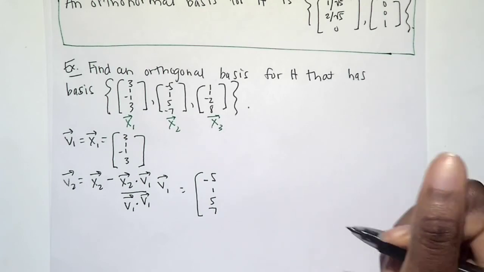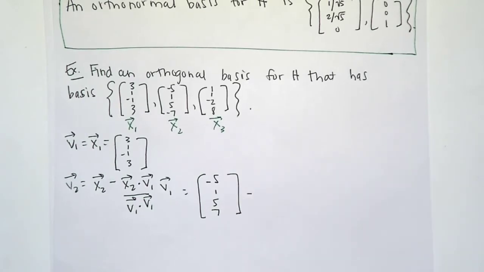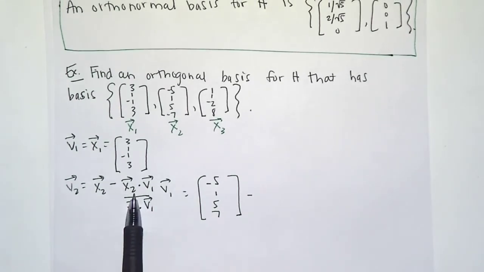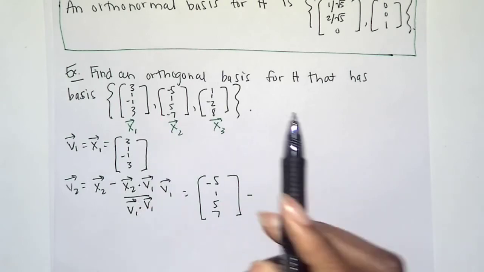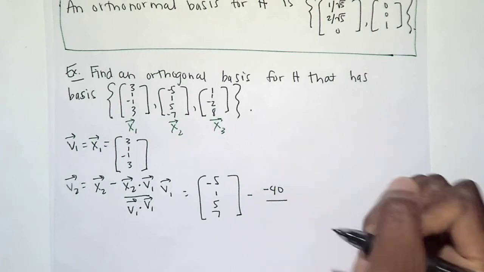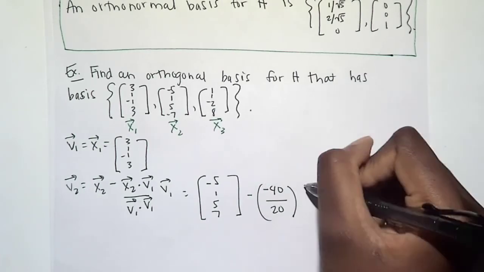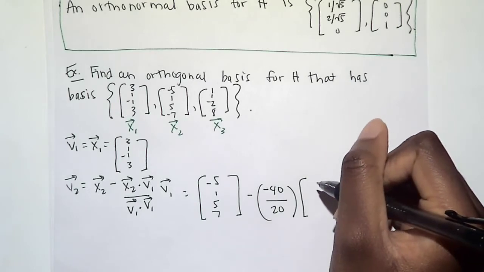All right, so here's our x2, and then we want to subtract, so we need to do our dot products, x2, v1, so that's these two. I'm getting a negative 40, and then v1 dot v1 is 20, and then times v1.